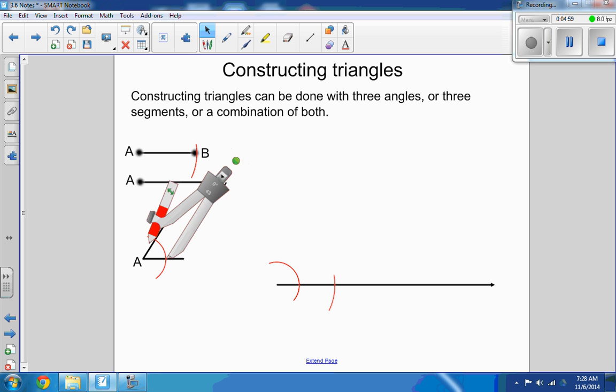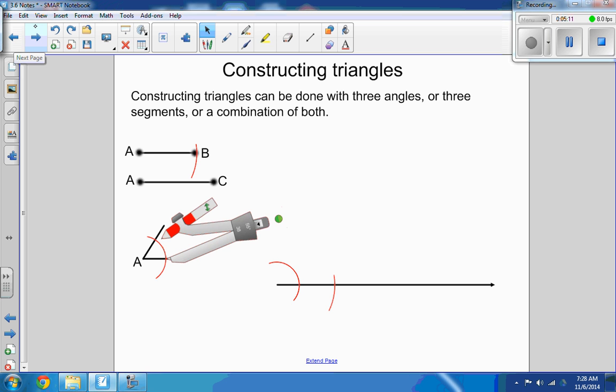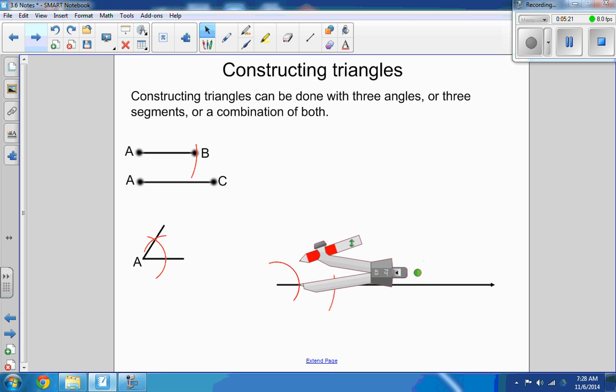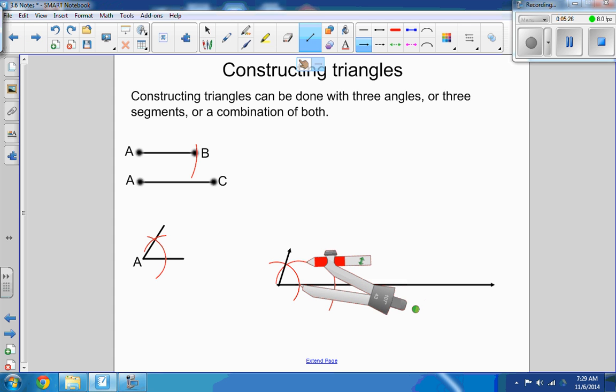Get the arcs to intercept each other. Oh, it's almost spot on. There we go. Oh, I'm a little bit off. Let's adjust it a hair. That's a little bit better. Now I'm going to make this line go on. I have to make it the same length as AC. So let's go ahead and make it the same length as AC.